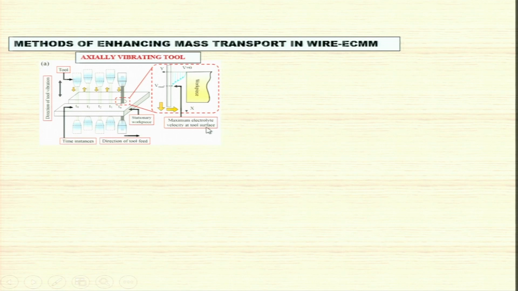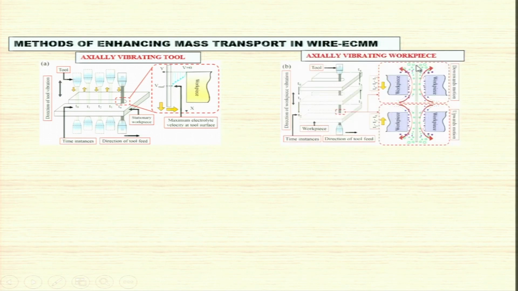Maximum electrolyte velocity at the tool surface: this is the profile for the tool velocity, and it is maximum at the tool, and here you can see it is almost 0. Axially vibrating the workpiece: here you are vibrating the workpiece.